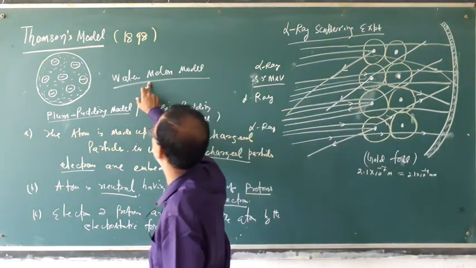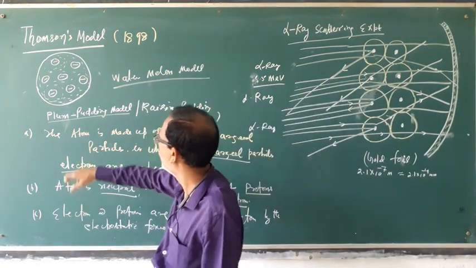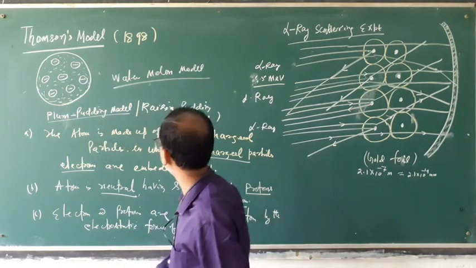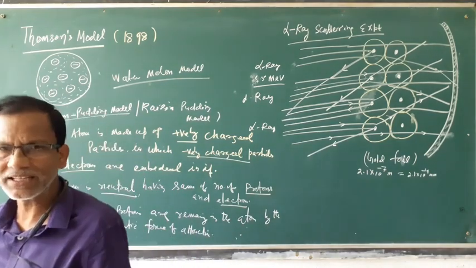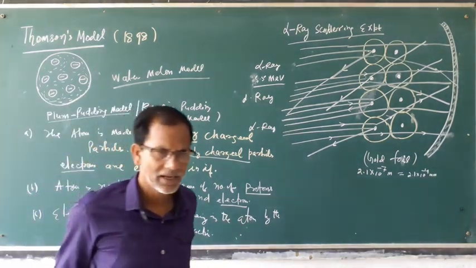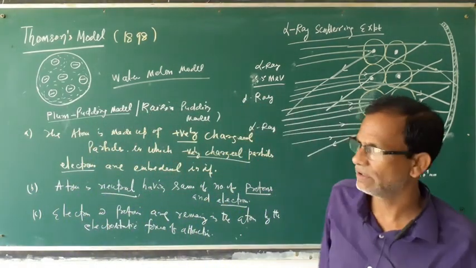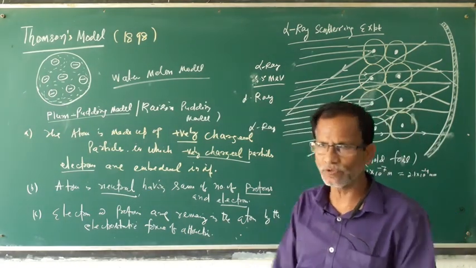This is called the watermelon model, or plum pudding model, or raisin pudding model. Just like when we are making a cake, we are adding dry fruits.